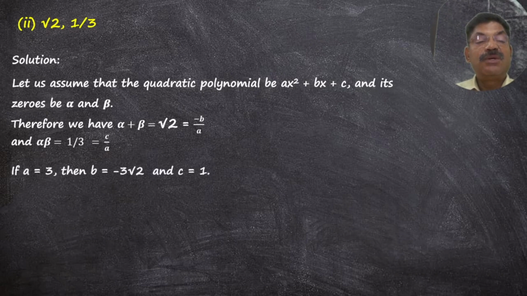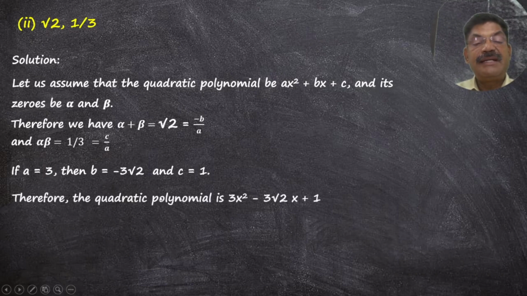So I take a equal to 3. Then b becomes minus 3 into square root of 2 and c is equal to 1. Now easily I can write the polynomial, which is 3x square minus 3 root 2 x plus 1. Remember, you can give any other value for a. Whatever the coefficients you get, you can write the polynomial.